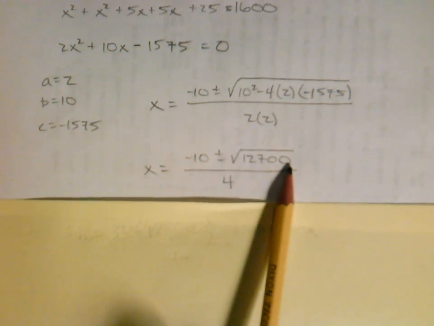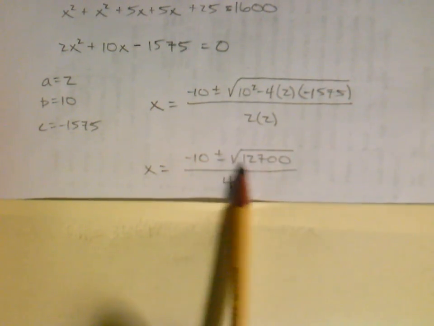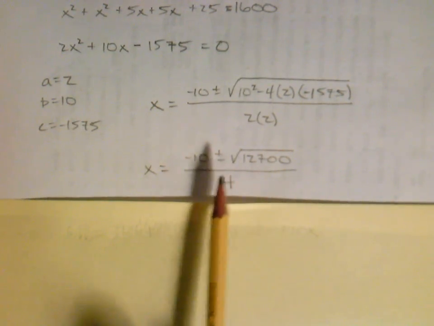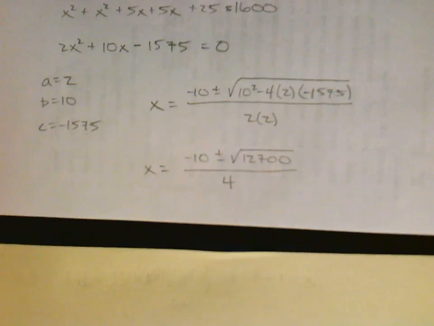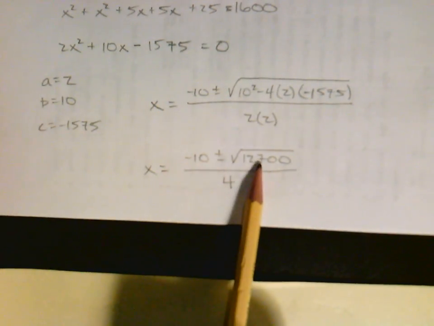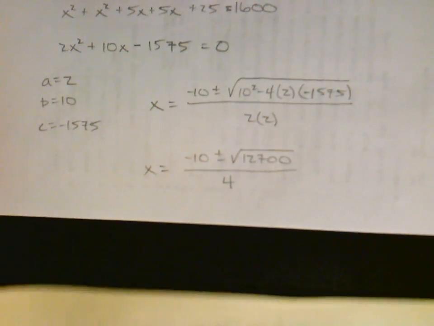What we're used to doing is reducing, maybe pulling out some numbers and taking the square roots of perfect squares. Here, though, the problem tells us to round to 1 decimal place. So I'm actually going to encourage you, don't bother reducing the square root because we're going to get the decimal number anyway.